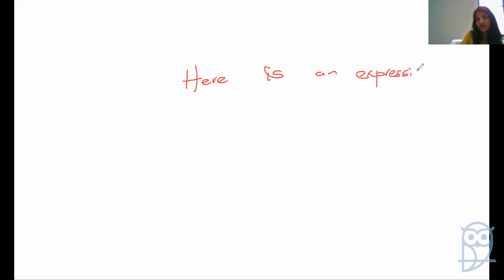Okay, so here is an expression that I'm going to write down for you. It's 3a plus 4 plus 7b. And the question is, what is the third expression in this?